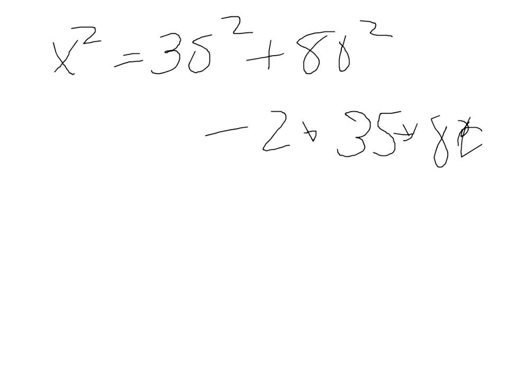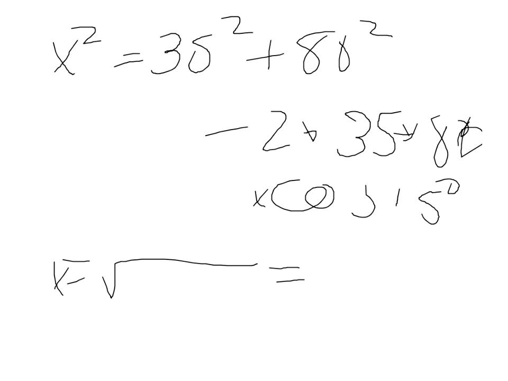So that would be 2 times 35 times 80 times cosine 15. And putting that into my calculator, I get a really big number, and then I take the square root of that result, and I get 46 feet. And we'll just round to the nearest foot.